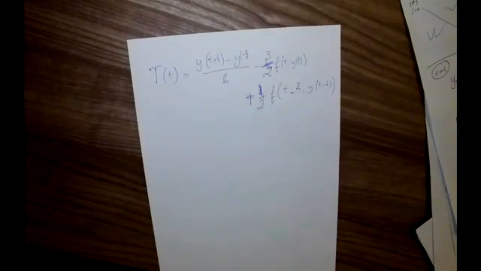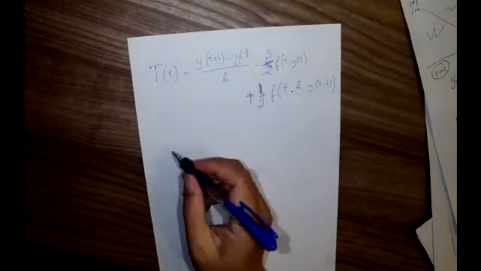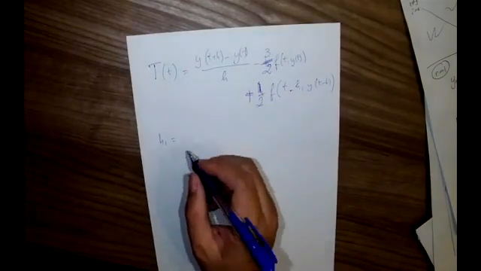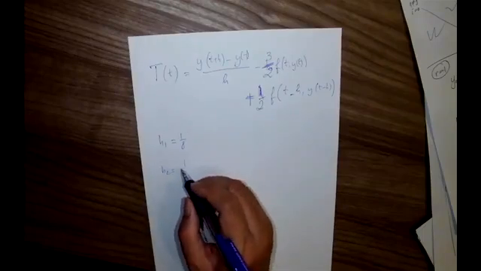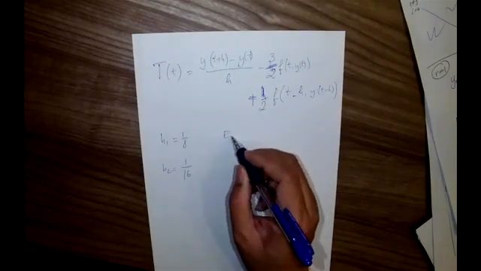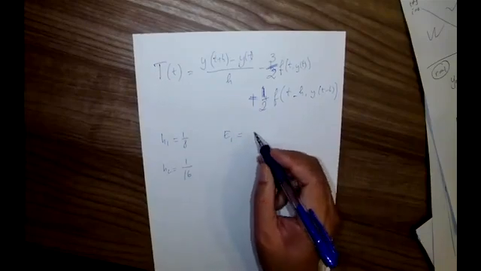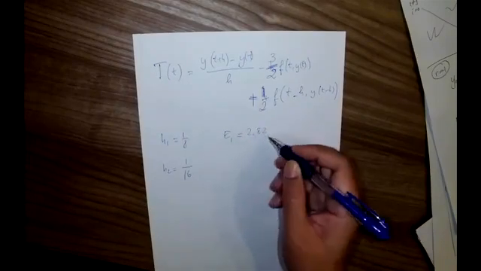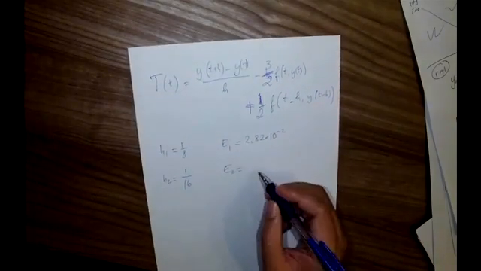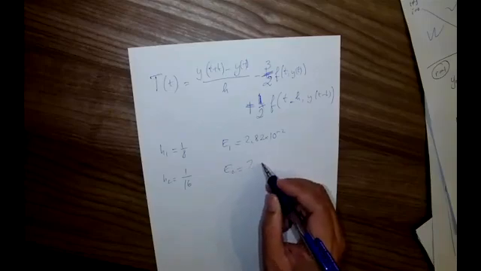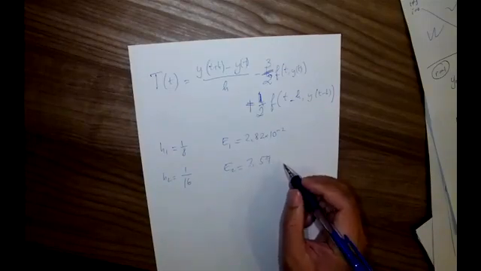What happens is you just take the errors. Suppose h1 is 1/8 and h2 is 1/16. Then error 1 is something like 2.82 times 10 to the minus 2, and E2 is 7.59 times 10 to the minus 3.